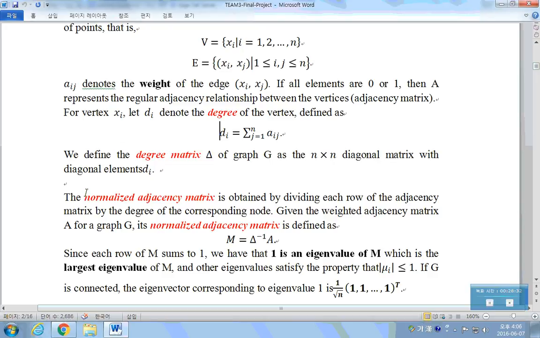The next one is the normalized adjacency matrix.